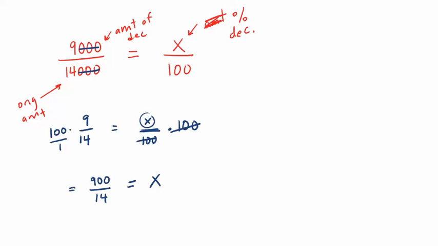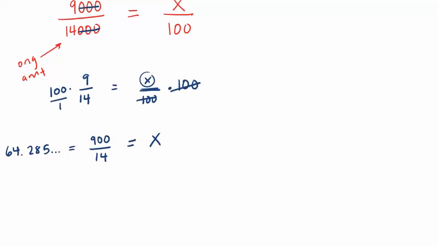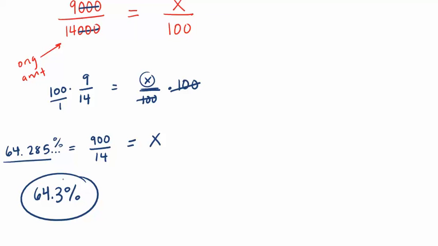And I get, what did it say? Well, it's the same answer we got before, 64.285 and so on. Remember the second way, it already has it in the percent form. So this is the percentage already. You don't have to convert. And remember, round to the nearest tenth. So either way you write out the steps, you get the same answer.